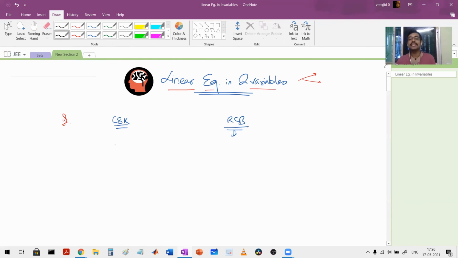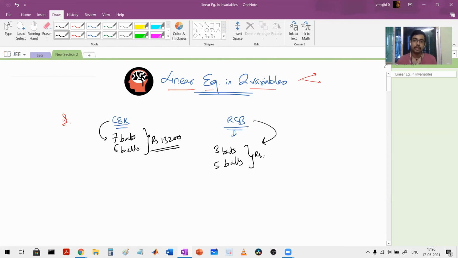Okay, so suppose there is a question like this. The coach of CSK, the coach of Chennai Super Kings, buys 7 bats and 6 balls for rupees 13,200, and the coach of Royal Challengers Bangalore buys 3 bats and 5 balls for rupees 5,900.